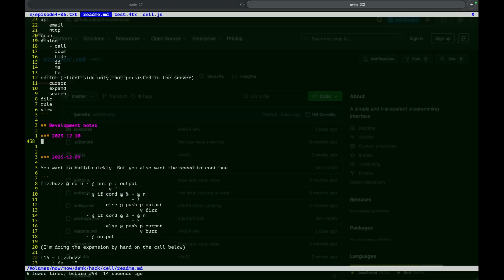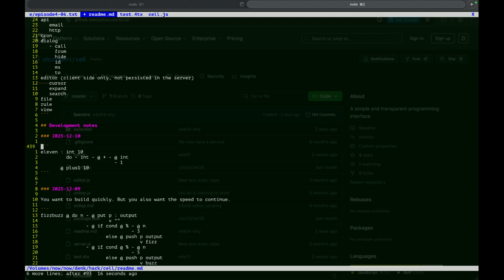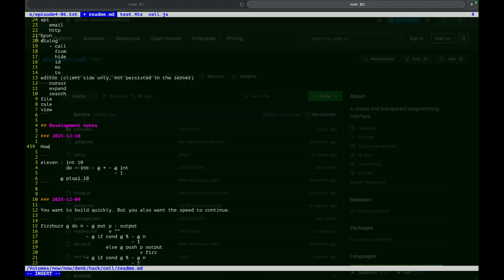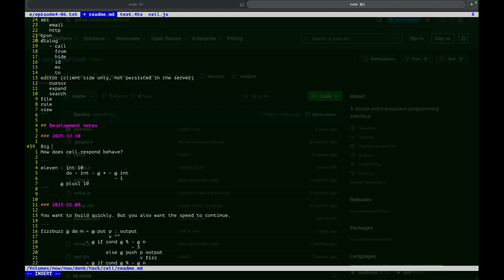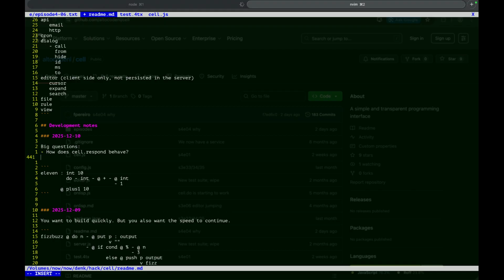Really, the part that is important here is this one, because it's what gets sent to cell.respond. Big questions. So how does it behave? Not cell do or cell native, just cell.respond.